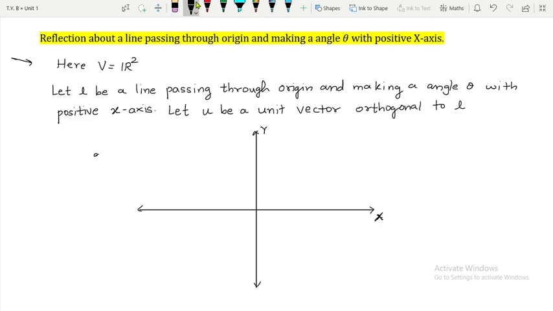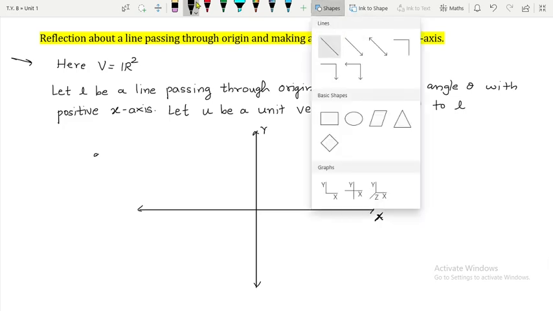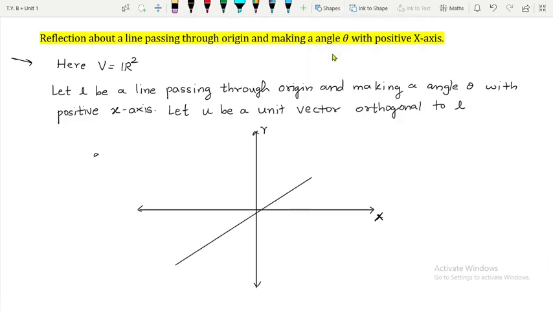I am calling a line passing through origin L. So let me draw one line which passes through origin, and it makes an angle theta with the positive x-axis. And u is a unit vector orthogonal to L. So this is my line L.